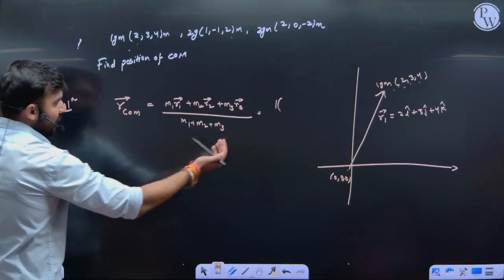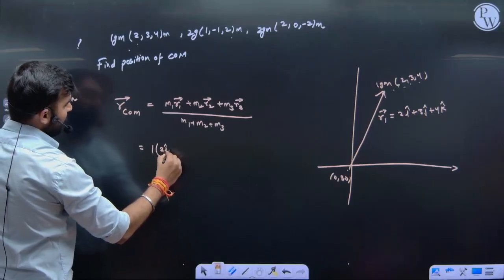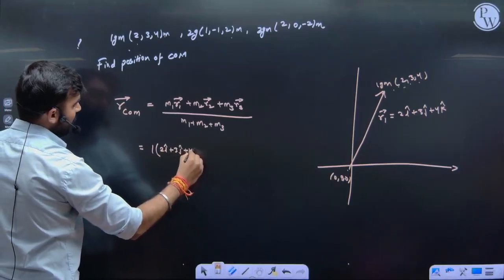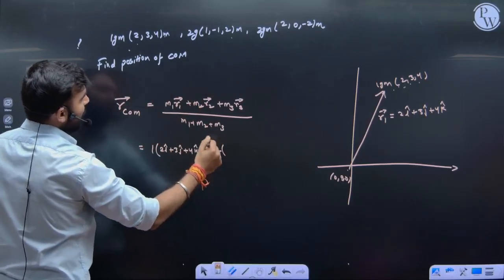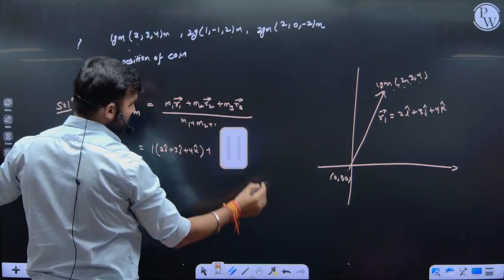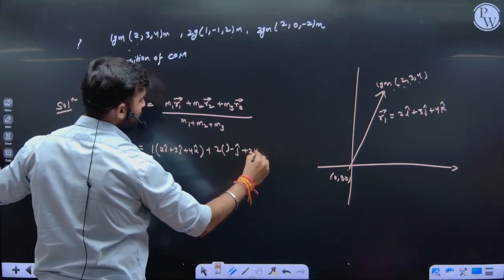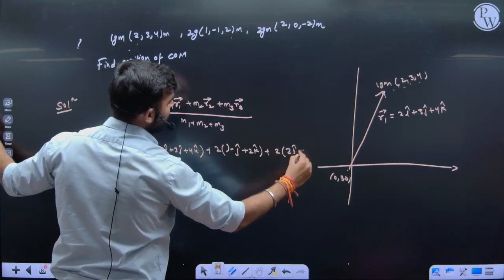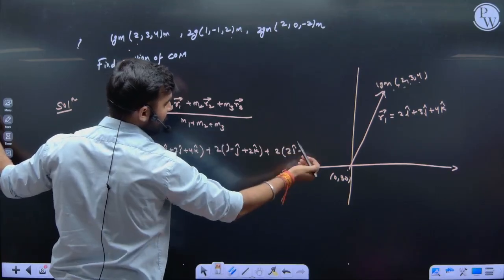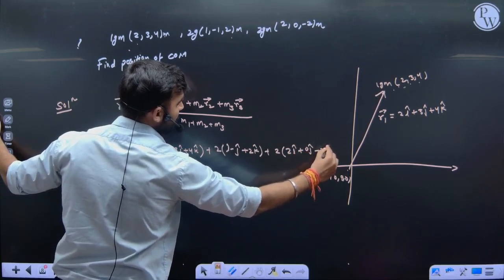So what is the r1 vector? r1 vector is 2 i cap plus 3 j cap plus 4 k cap, plus m2. How much is m2? m2 is 2. Then r2 vector is i cap minus j cap plus 2 k cap, plus m3 which is 2, times 2 i cap, 0 j cap, so I can skip the 0 j cap, minus 2 k cap.